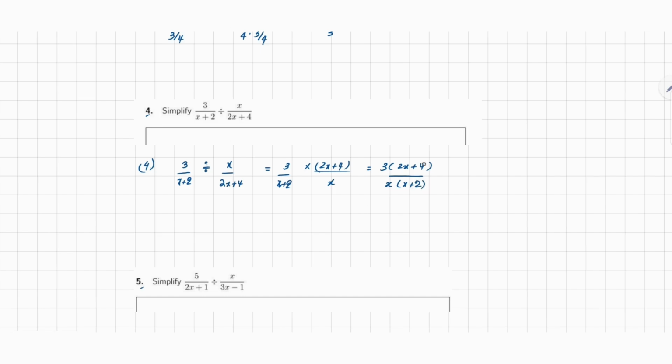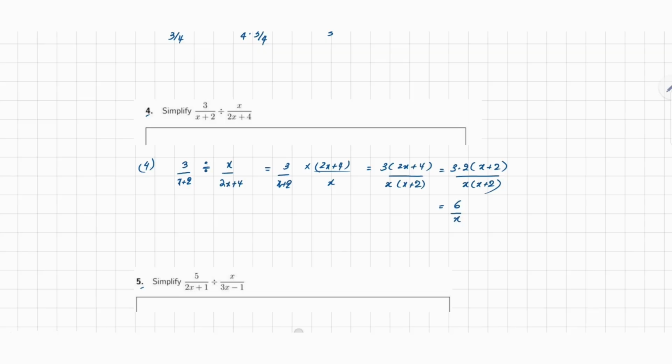We can take 2 as a common factor from this 2x plus 4 term. So we have 3 times 2 times (x plus 2) over (x plus 2) times x. Here x plus 2 is present in both the numerator and denominator. That gives us 1. And our final answer will be 3 times 2, that's 6 over x.